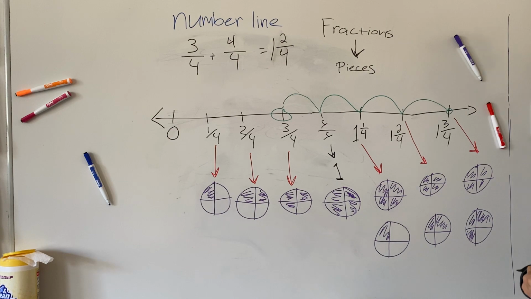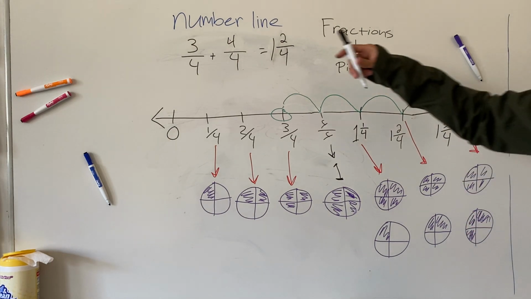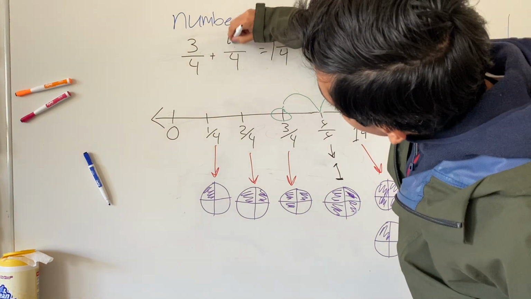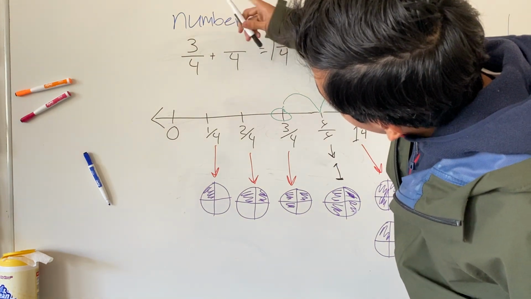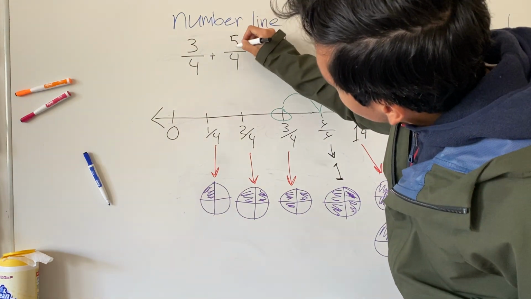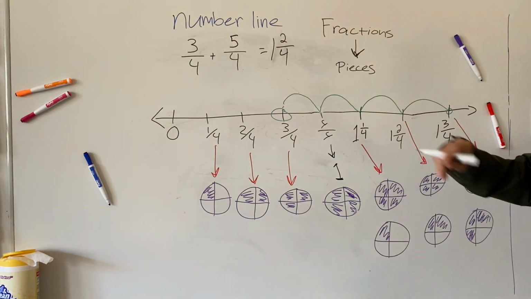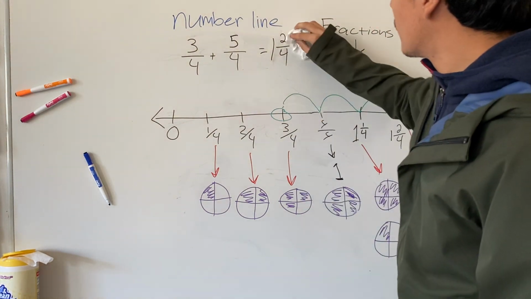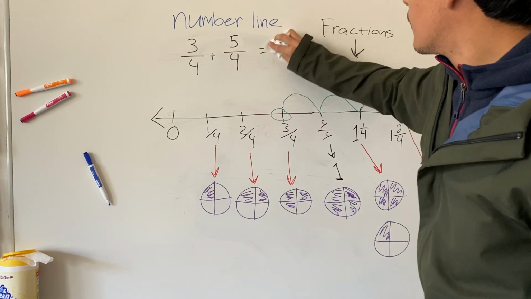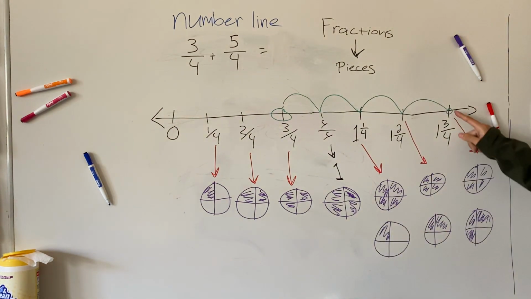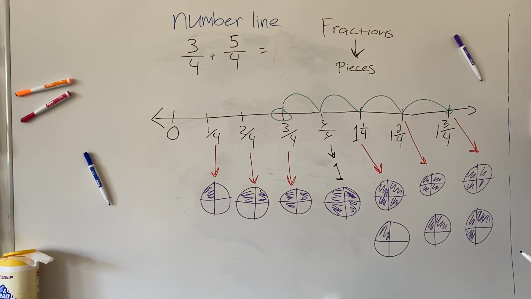One whole and 3/4, right? So what if we were to do another one, 5/4? What if we were to do 5/4 now? What's gonna be over here? Making sure you can all see that, yep.